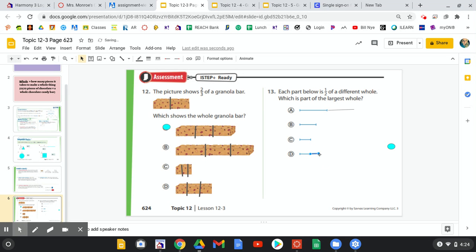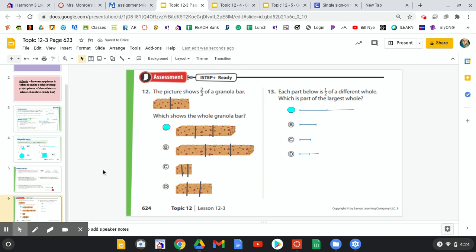If this is 1/2, then the whole thing would be 2 halves. So if this is 1/2 and then 2 halves, this is a lot longer than this one down here. So therefore, the whole that's the largest is the one that's going to be the longest.